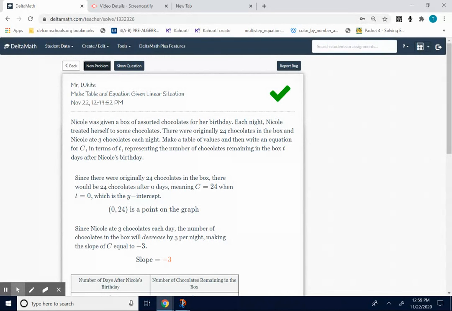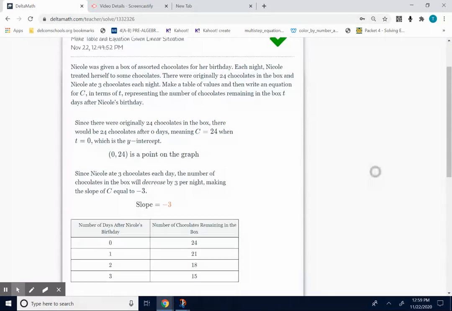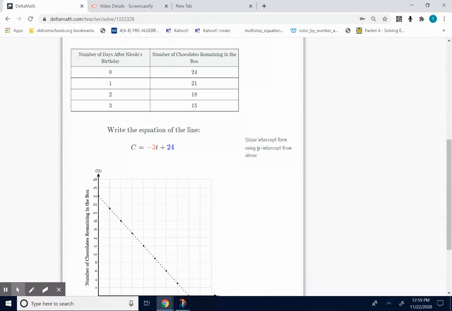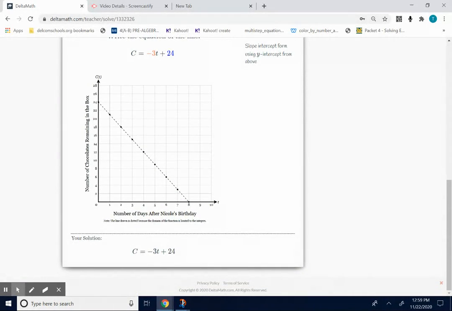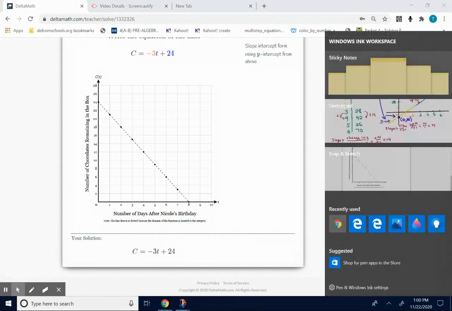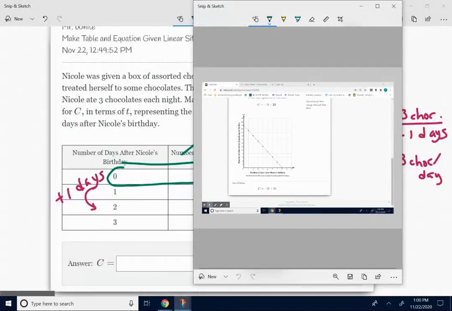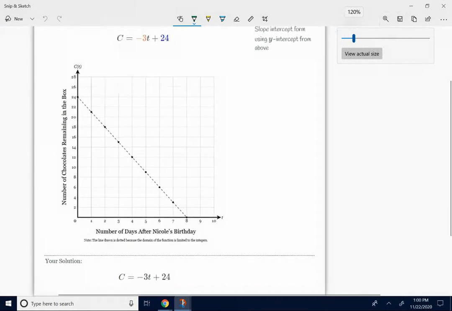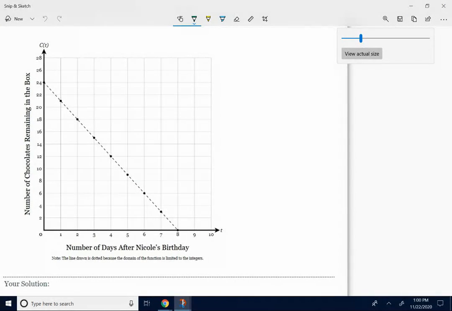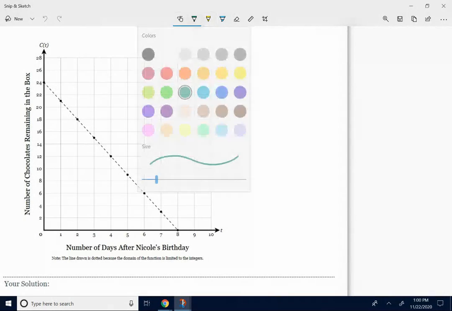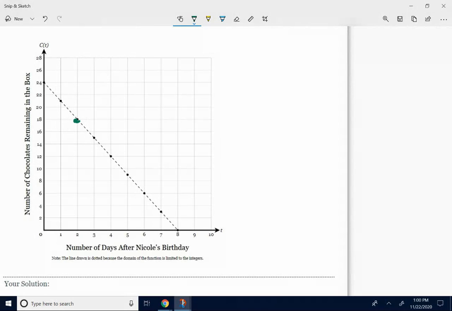I just want to briefly go over the graph. We talked about slope and y-intercept of a description. We talked about the slope and the y-intercept of a data table. Now let's take a quick look at the slope and the y-intercept of the graph that they're going to give you. For the slope, choose any 2 points. I'm going to go from this point.